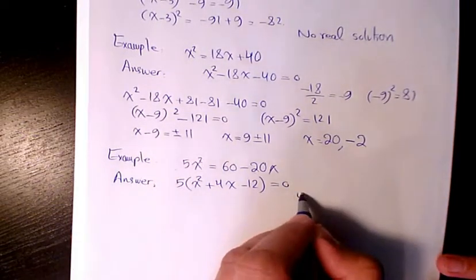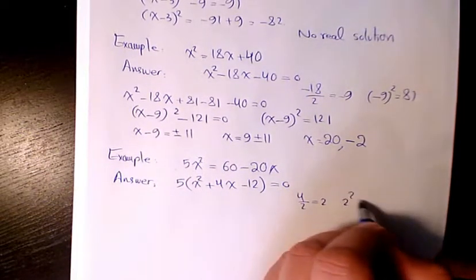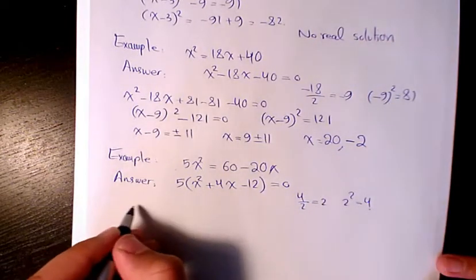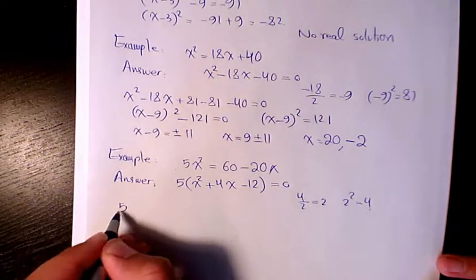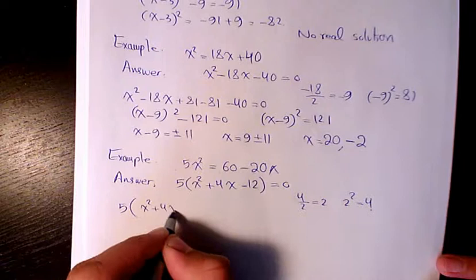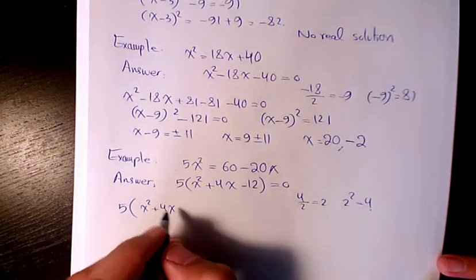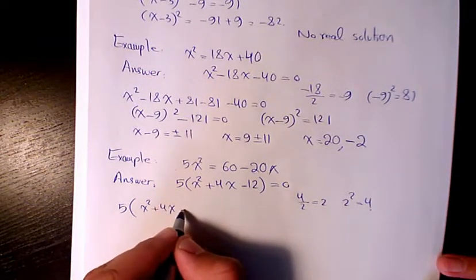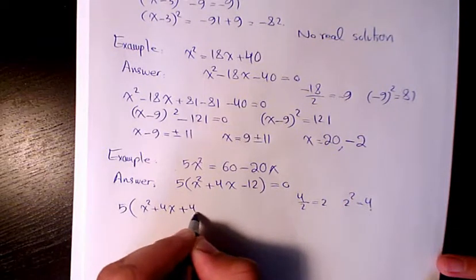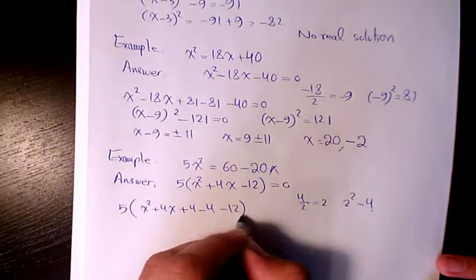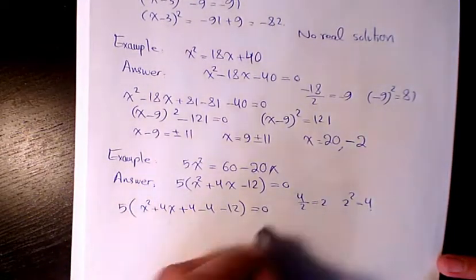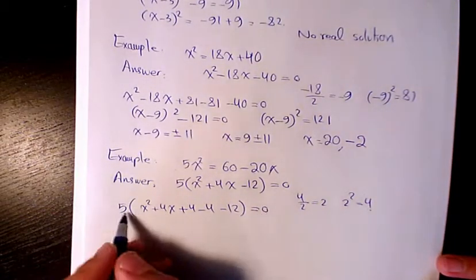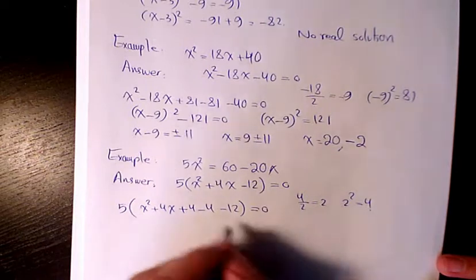So 4 divided by 2 is going to be 2. 2 squared is going to be 4. So we have x squared plus 4x plus 4 minus 4 minus 12 equals 0. The 0 cancels out, because if you divide both sides by 5, it's going to cancel out.